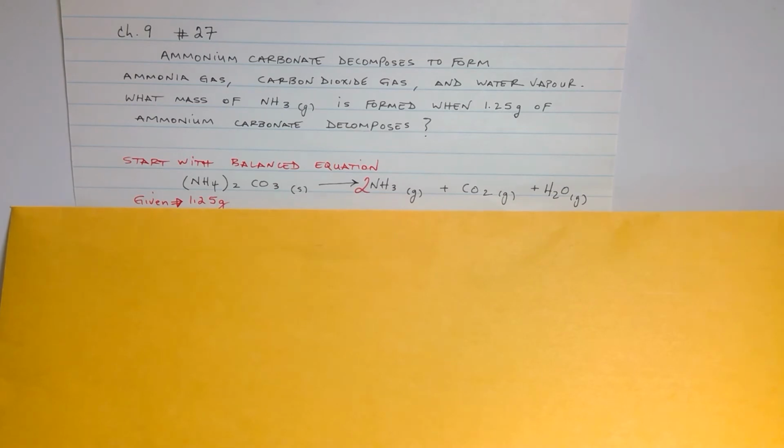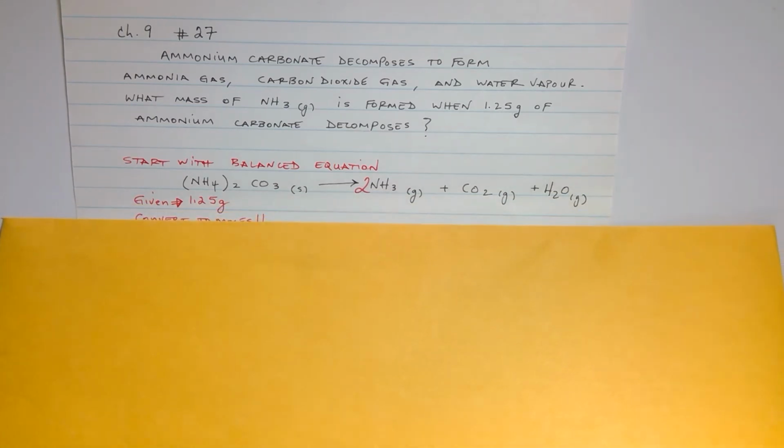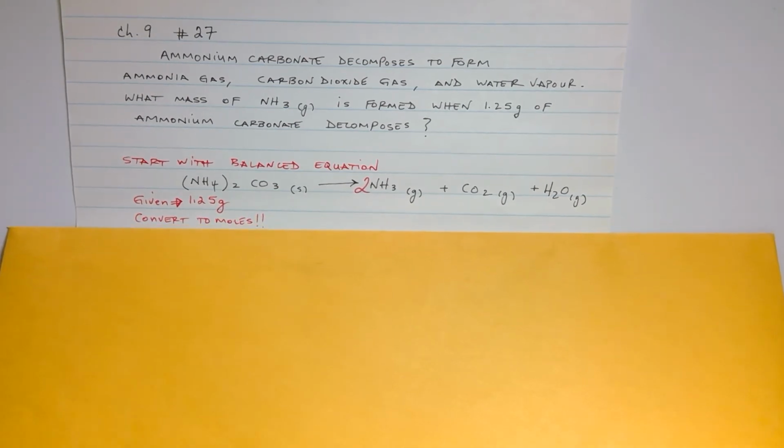So 6 and 2 is 8. So actually that's balanced. You're given 1.25 grams of this starting material, and you want to find out the mass of ammonia gas that's produced. This question could be asking you for what mass of each gas is produced, and we would just duplicate the calculation that you're about to see for ammonia for each of ammonia, CO2, and H2O.